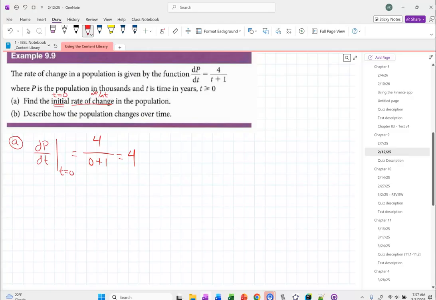So the initial rate of change is 4. Now, keep in mind, the unit matters. It's 4, but P is in thousands and time is in years, so this is like 4,000 units per year.